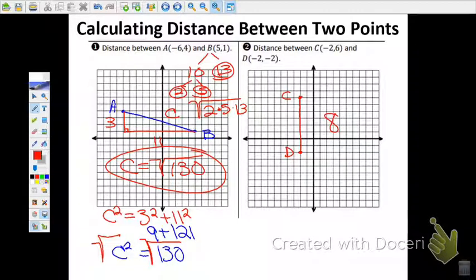Because it is a vertical line, we can just count the squares. If it was a horizontal line, we could count the squares. When it's slanted, like in number 1, we have to use Pythagorean theorem.